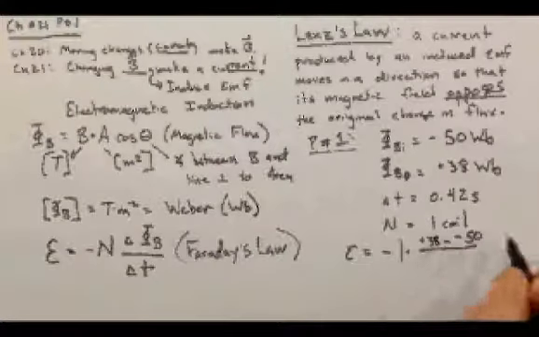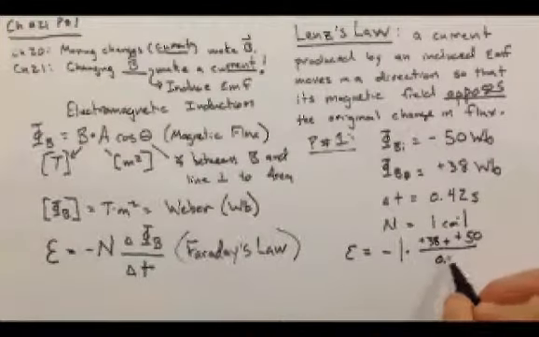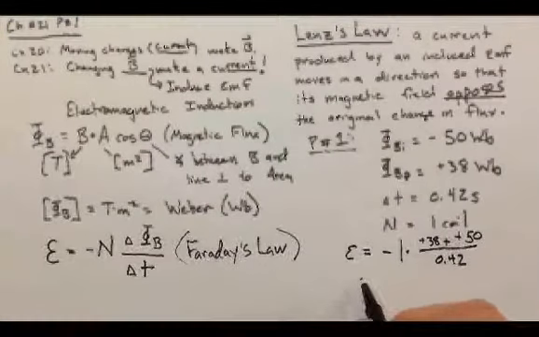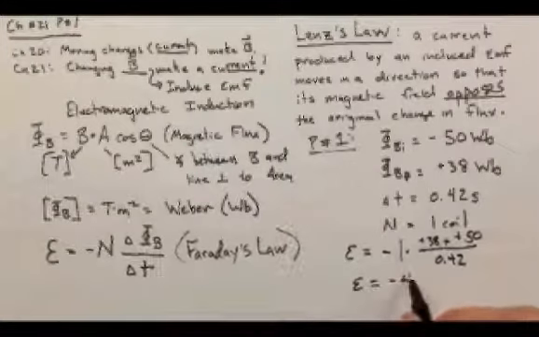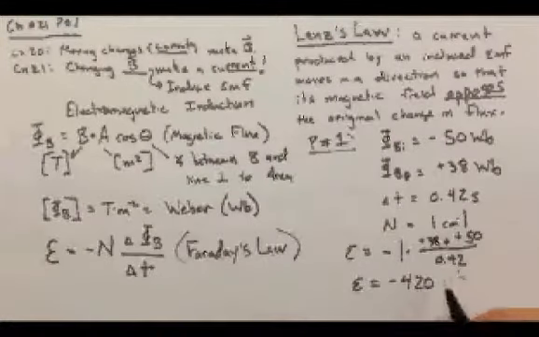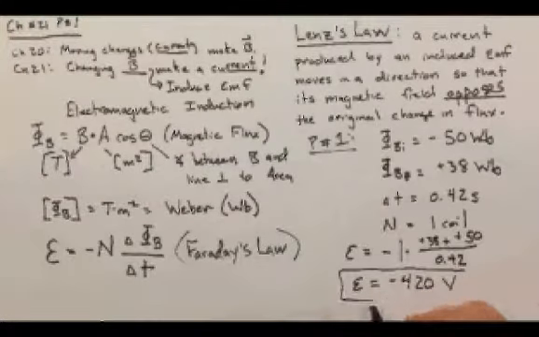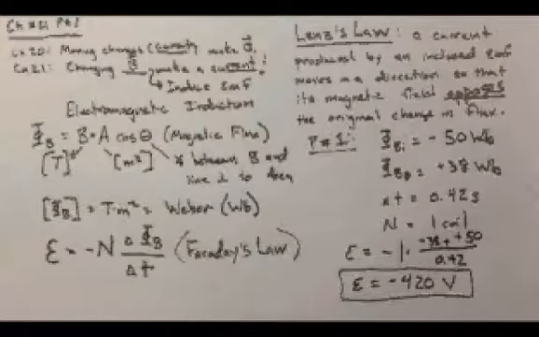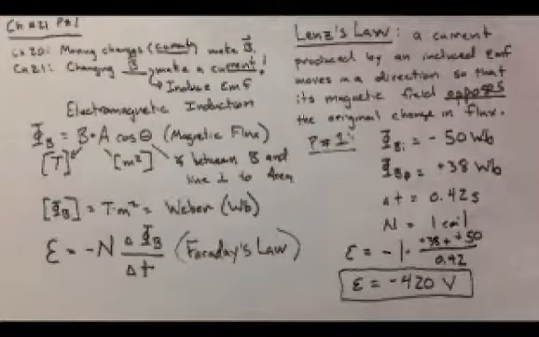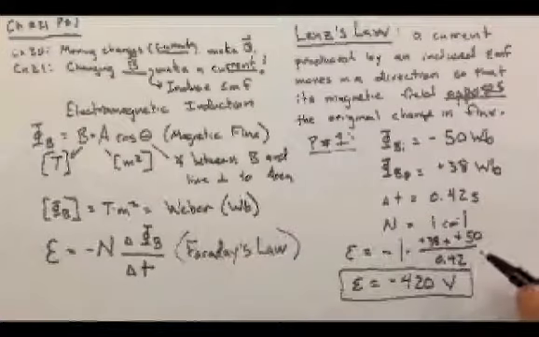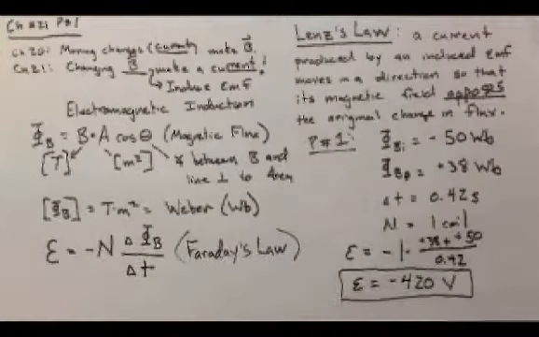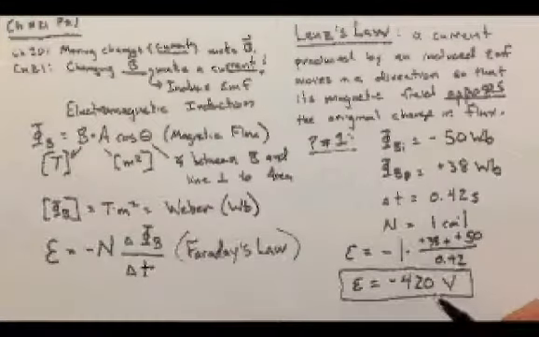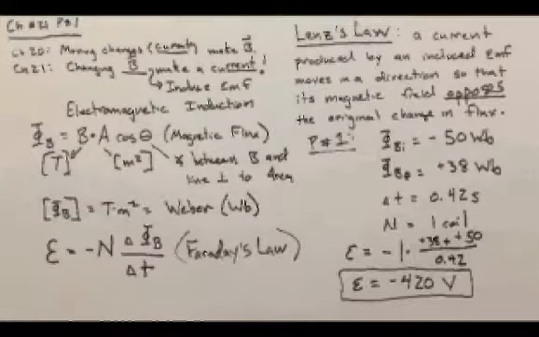So I have 38 Webers minus negative 50 Webers, divided by 0.42 seconds. And if I plug that into my calculator, I get an answer of 420 volts. So if I were to change the flux going through a coil of wire from negative 50 Webers to 38 Webers in about half a second, I would actually get 420 volts induced across that coil.